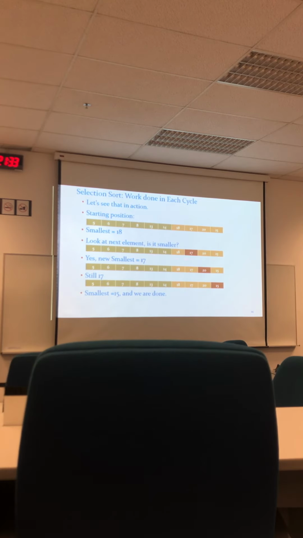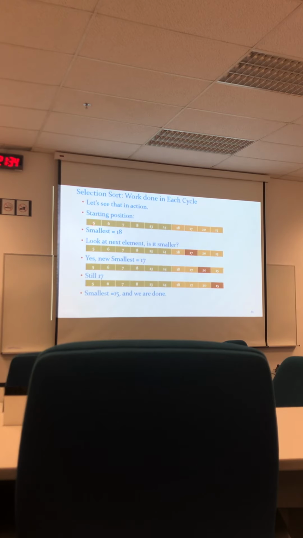But initially, when we get the first step, we start from the first number here. Okay? How many comparisons do you have to do for the first step? Here we have 1, 2, 3, 4, 5, 6, 7, 8, 9, altogether 10 elements.